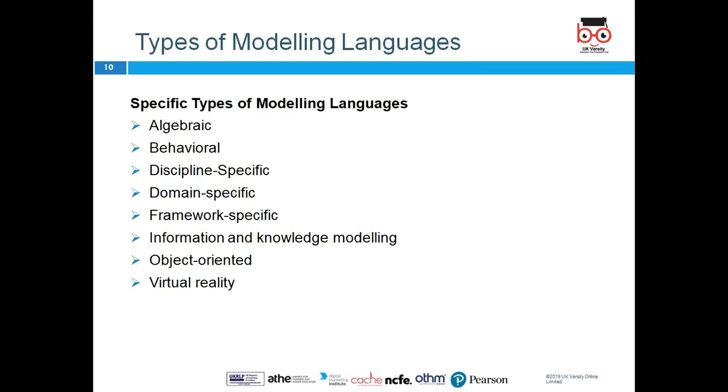So there exist behavioral modeling languages, discipline specific languages, domain specific languages, framework specific, information and knowledge modeling, object oriented, virtual reality. These are also types of specific modeling languages. We don't have to go into the details of those.